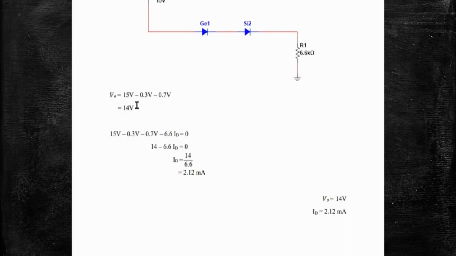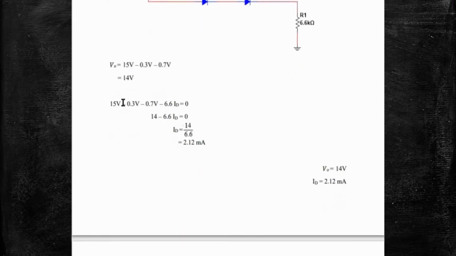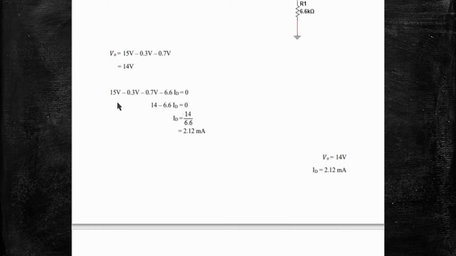Then question number 2 is find ID. For ID, I will use this formula: ID equals IR equals VR over R. So the calculation is 15 volt minus 0.3 volt minus 0.7 volt minus 6.6 ID equals 0.